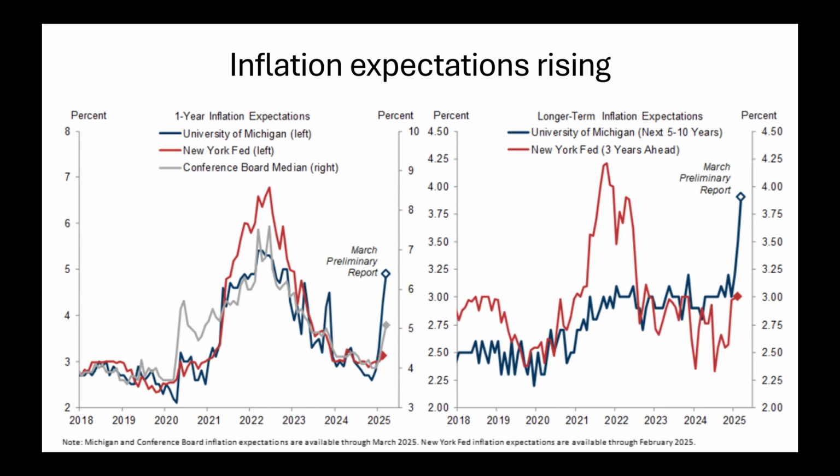As you can see, that hasn't happened in quite some time, mostly since we had that high inflation post the pandemic. It's both the 1-year inflation expectation on the left that's jumped, but also the longer-term inflation expectations on the right. But again, it's a survey, so it's not necessarily a market value.